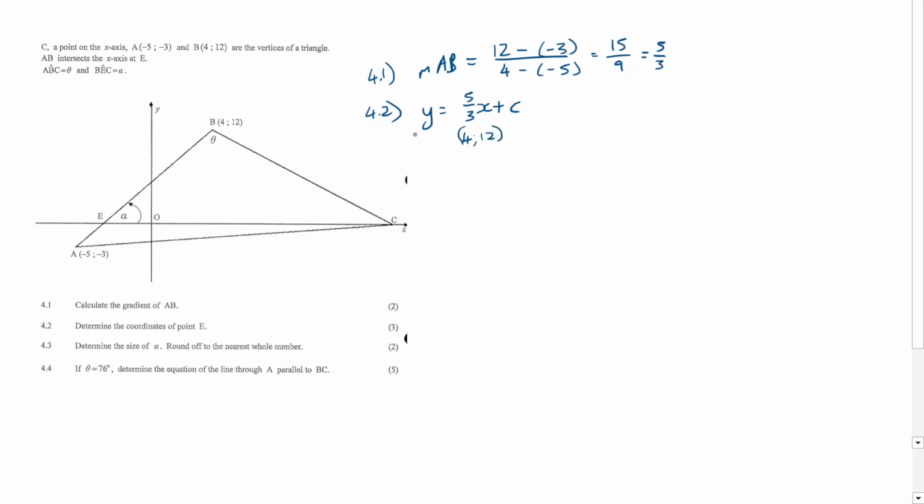And so when I sub that in, y will be 12, x will be 4, and when I take that across, I get a c value of 20 over 3, so it will be 12 minus 20 over 3, which is 16 over 3.